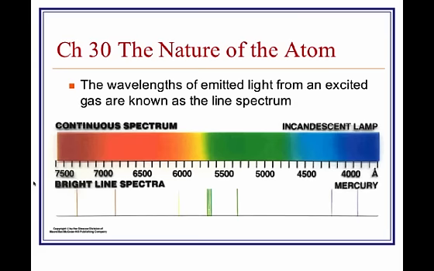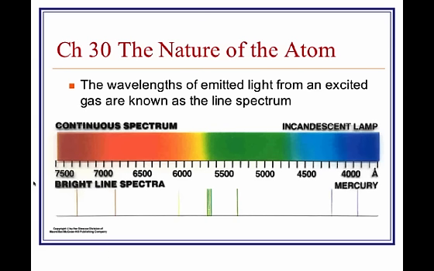When you look at an incandescent light bulb, which is an older light bulb, or sunlight, you see what's called a continuous spectrum. All the different wavelengths of light, all the different frequencies, are accounted for.